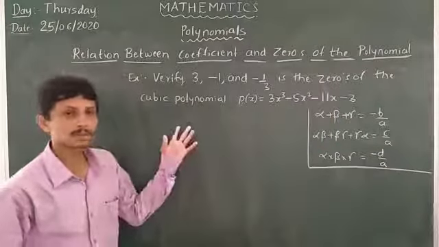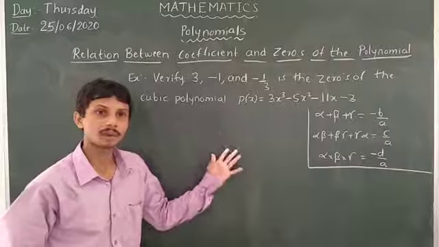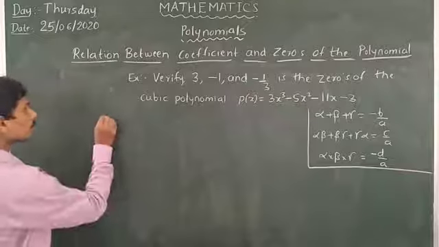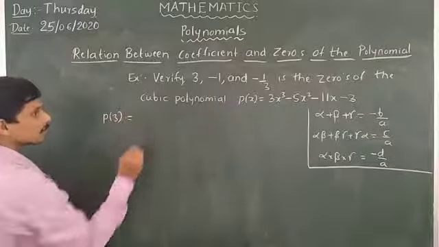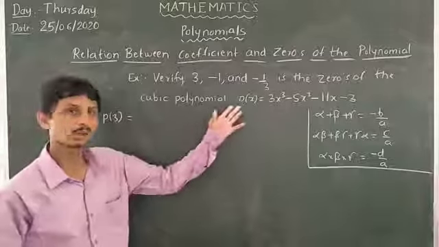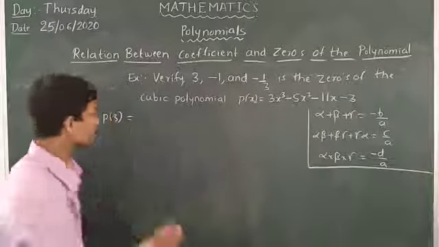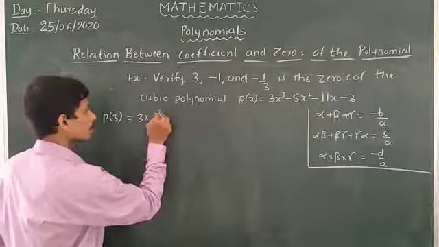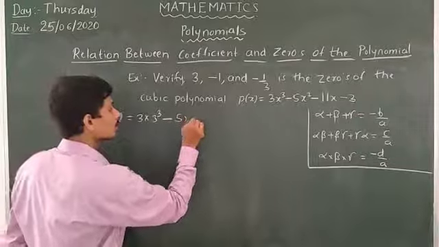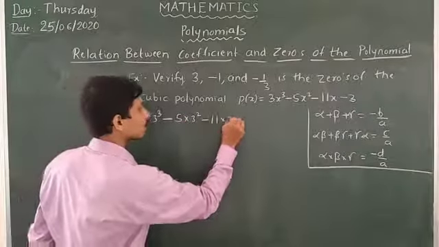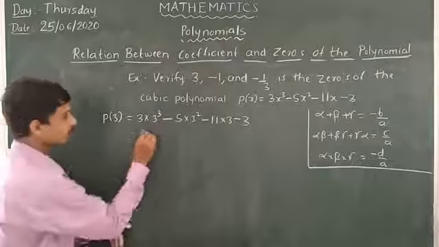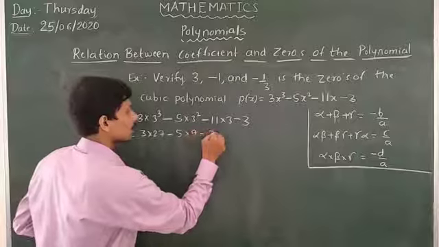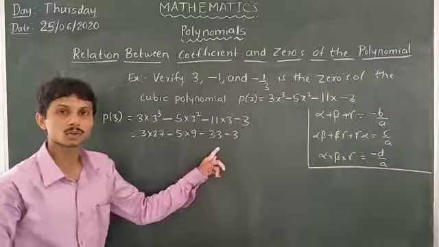So let us check by inserting the value of x into the cubic polynomial. Firstly we take p of 3. So 3 into 3 cube minus 5 into 3 square minus 11 into 3 minus 3 is equal to 3 into 27 minus 5 into 9 minus 33 minus 3. 11 into 3 is equal to 33.